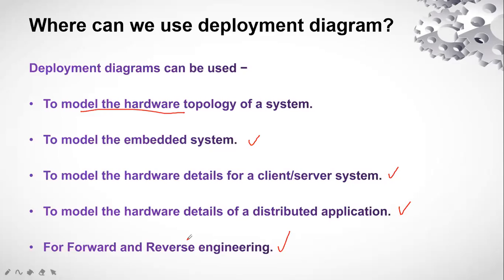So whenever you are doing forward or reverse engineering, you can use this particular diagram. So the basic uses are modeling the hardware topology for embedded systems, for client-server systems, and for distributed applications, with two concepts, either forward or reverse engineering.